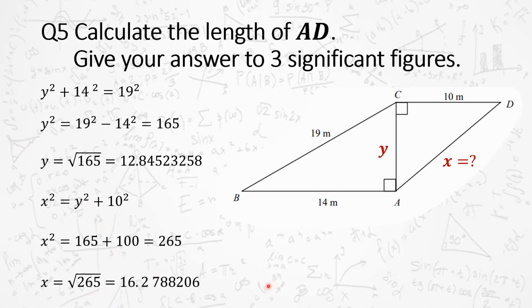So for significant figures, I need to start counting from the first non-zero number, so that's the 1. And then 6 is the second significant figure. Then 2 is my third significant figure. So my cutoff point is after 2 before the 7. Because 7 is greater than 5, therefore I need to round it up. Therefore my final answer for the length AD is 16.3 centimeters.